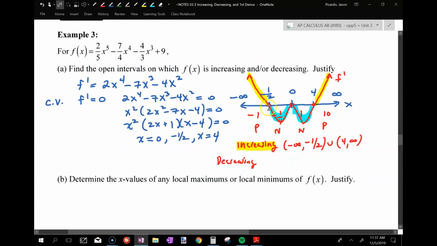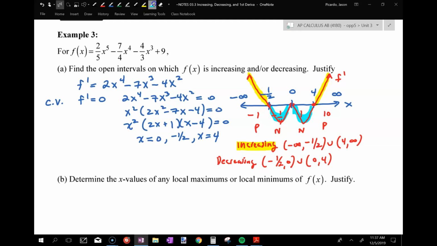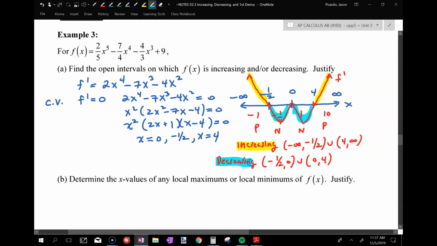It starts at negative a half and goes to 0, and then picks up again at 0 until it gets to 4. So decreasing. Okay.